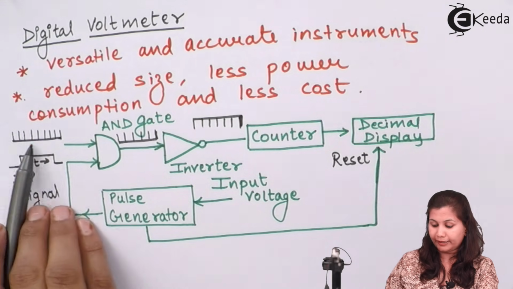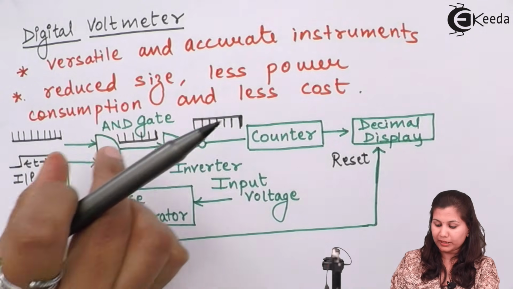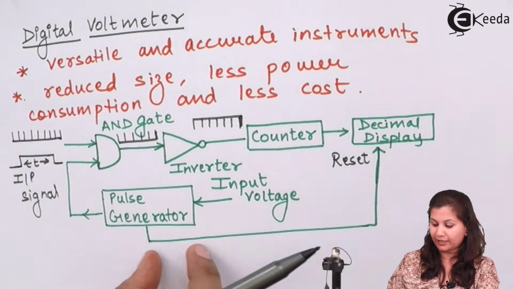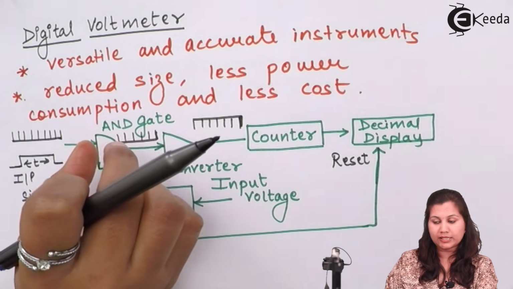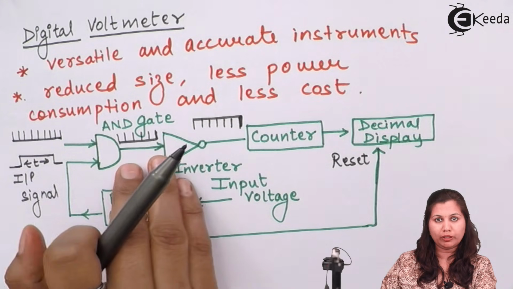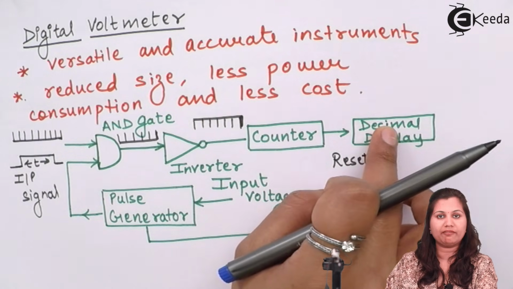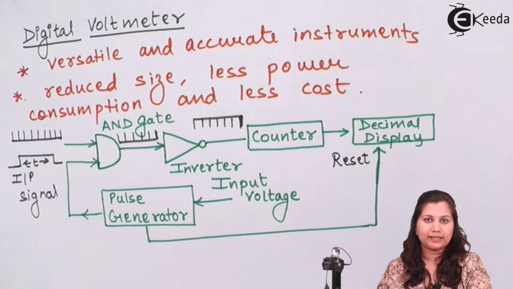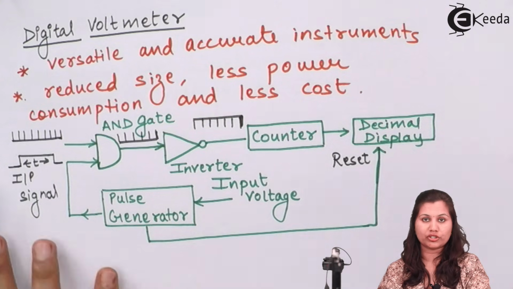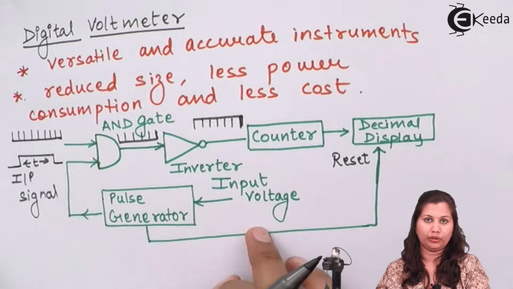Because after the train of pulses passes through the AND gate, only those pulses which are of the same duration as this rectangular pulse, equal to the input voltage, will pass. The counter counts them and gives us the value of the input voltage by calculating the number of pulses passed through it. In this way, this digital voltmeter gives us a numerical value of the input voltage.